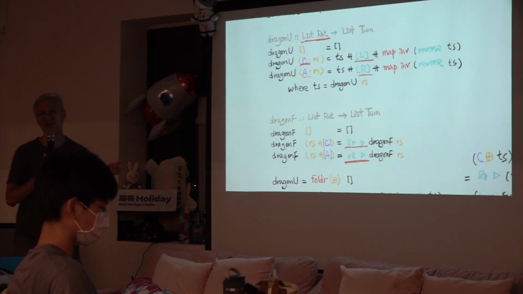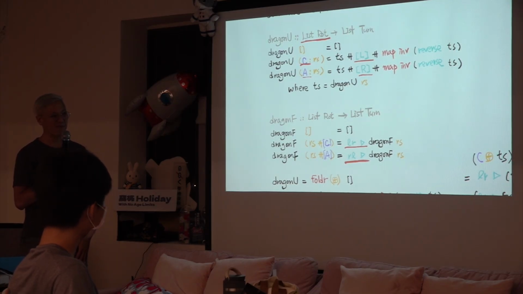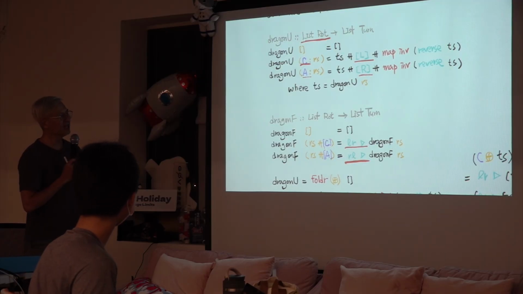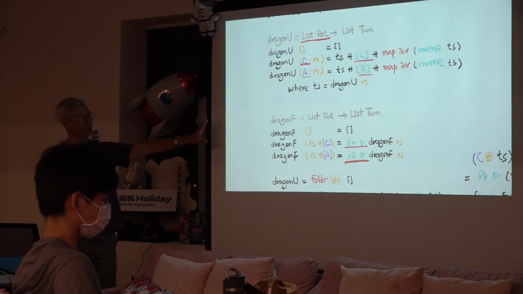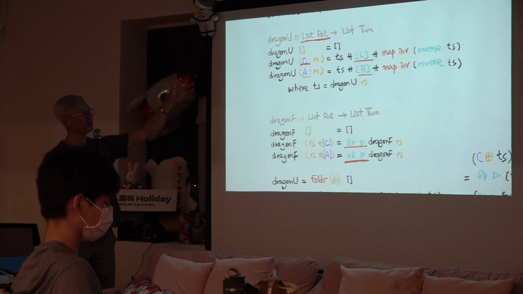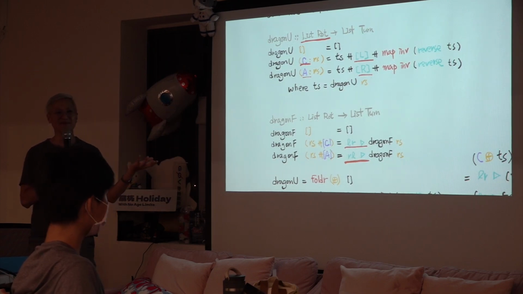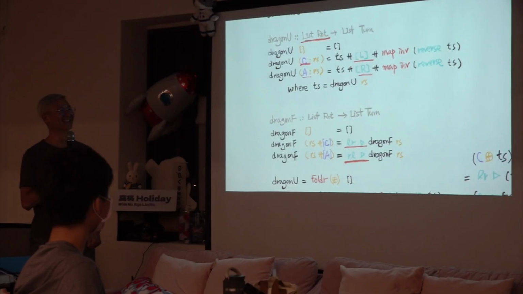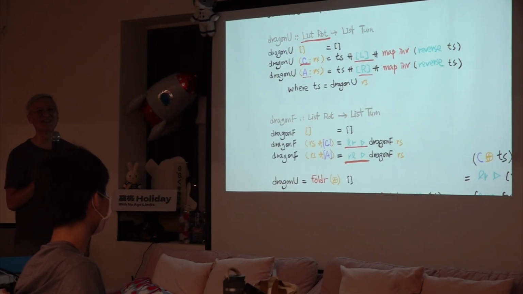So maybe some properties still hold. Still, I don't know what I'm generating. Actually, I don't know what I'm generating, but still, the two functions still generate the same thing. Good news. I can play with it. Thank you. Good.